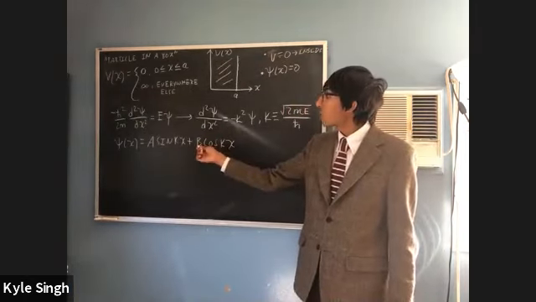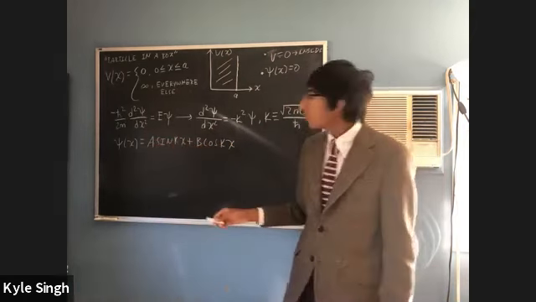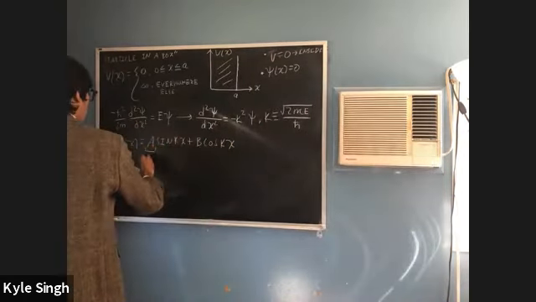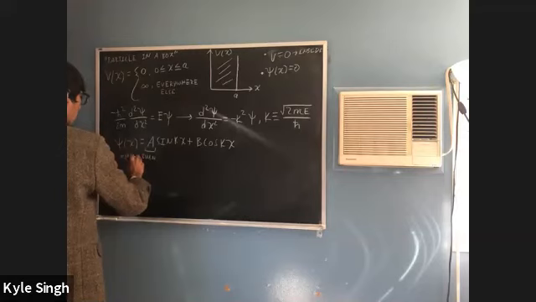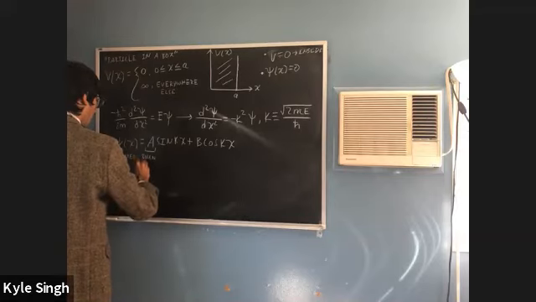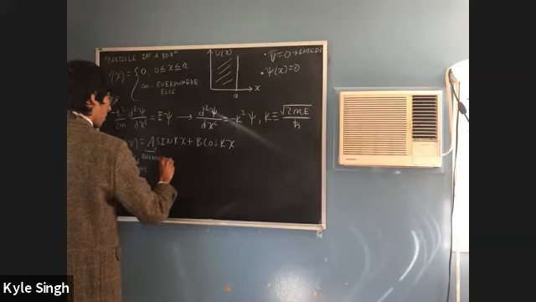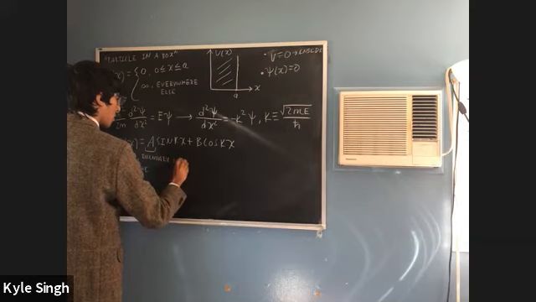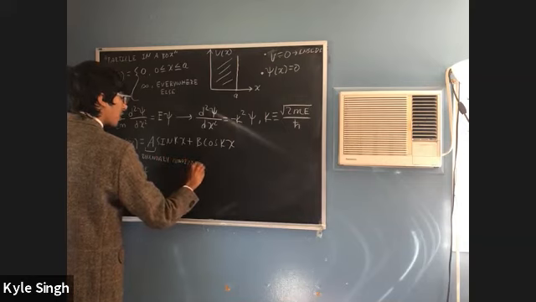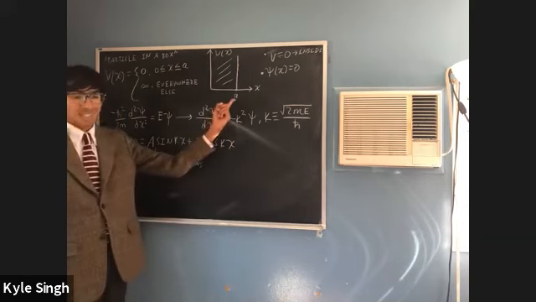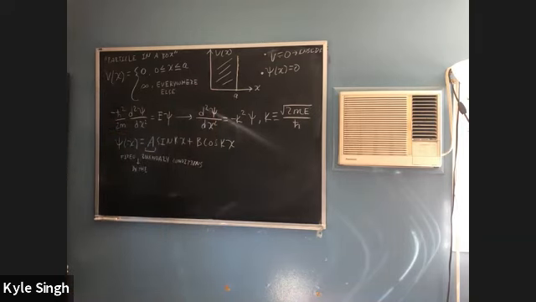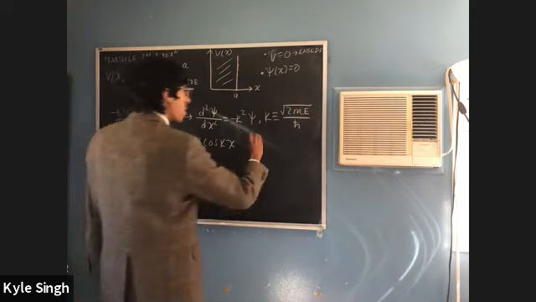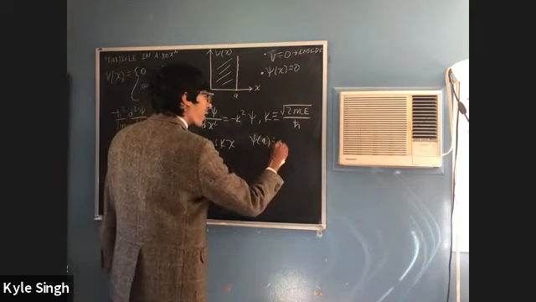A and B are fixed by the boundary conditions, and it's very, very important in physics to know your boundary conditions. So what is really the only boundary condition we need to take care of? This is a boundary condition. We know that psi of 0 equals 0, outside the well.